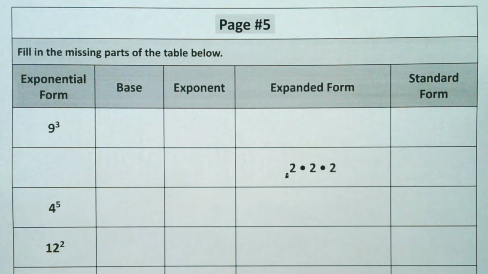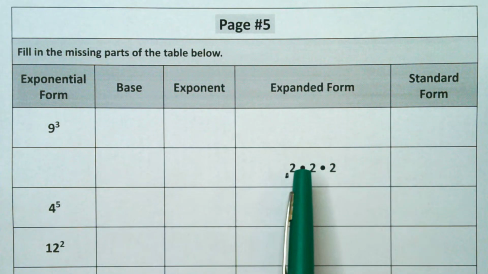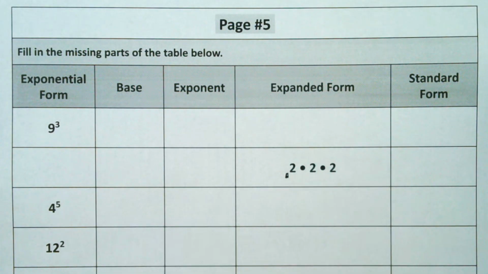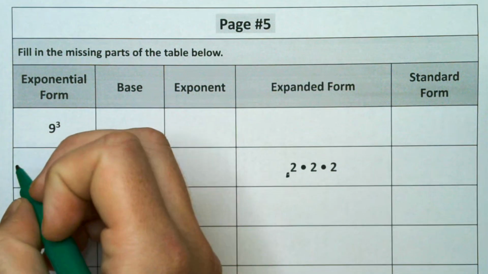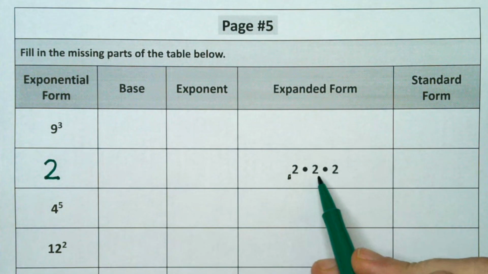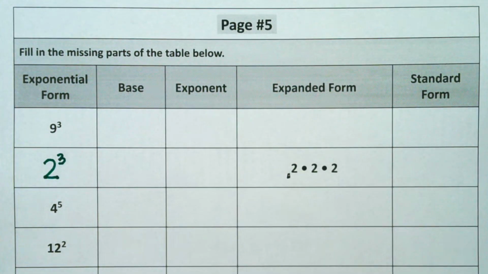All right, let's take a look at page 5. I'm going to get you started on 2 problems and then have you complete the rest of this page on your own. So let's look at the second row where we have the 2's. I can see that in expanded form, 2 times 2 times 2, that tells me that our base is 2, and we multiplied it 3 times, so our exponent is going to be 3. 2 cubed.